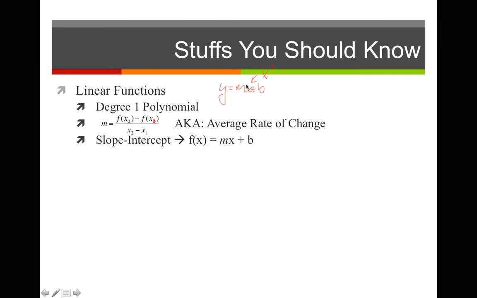The slope-intercept form of a line is f of x equals mx plus b, where m is our slope and b is our y-intercept. The point-slope form of a line is y equals, or f of x equals, m times x minus x1 plus y1. This is a very handy one to know when you get to calculus.